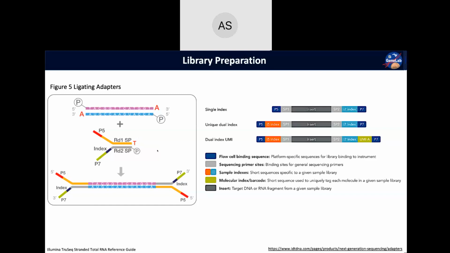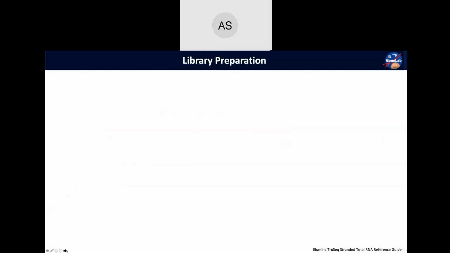But you're right, if some of them slip through the cracks, which can happen for sure, and has happened to us, they will get amplified during that PCR step, because that PCR step is utilizing this priming region right here. So yeah, good point. If we have adapters in there, it will definitely amplify those adapters and adapter dimers, which is a big no-no.